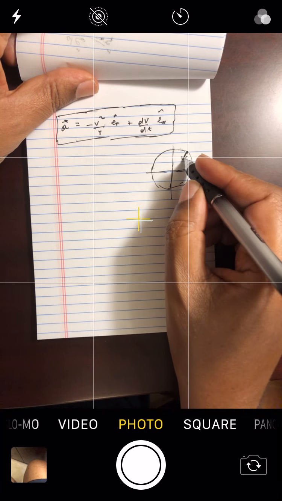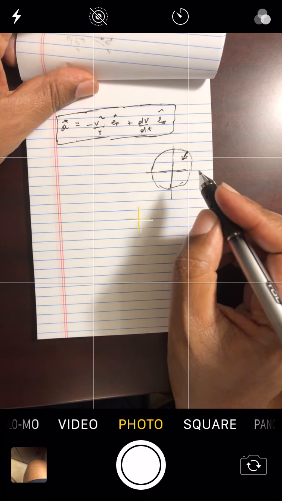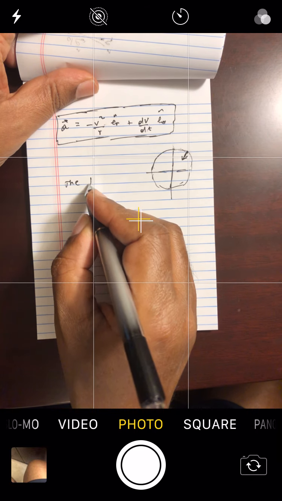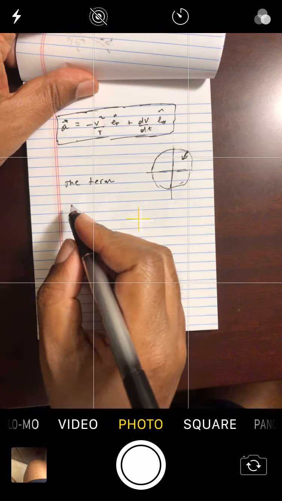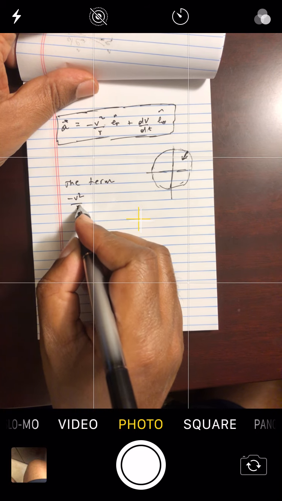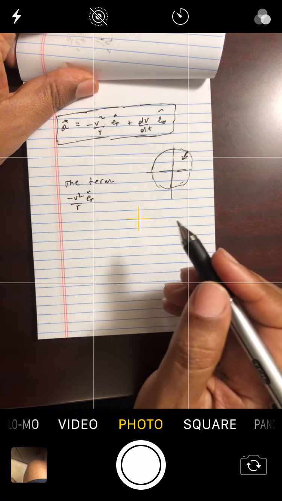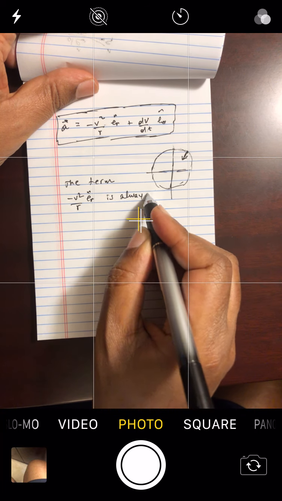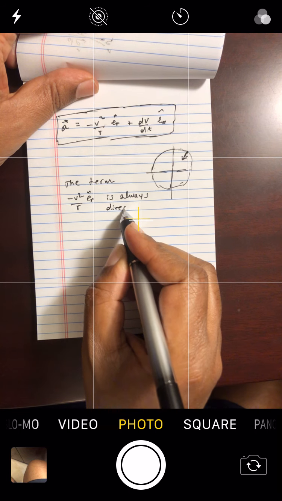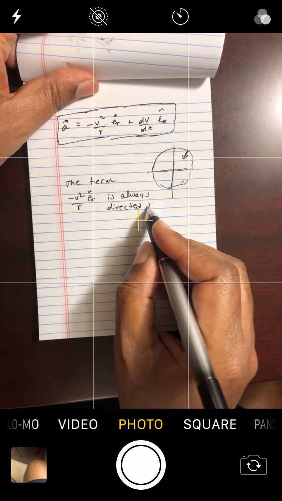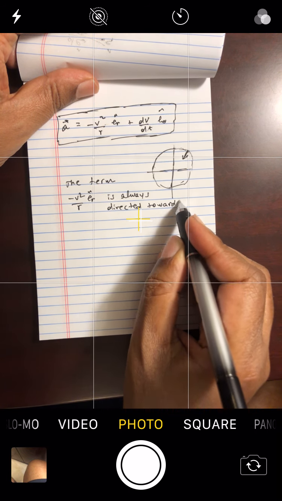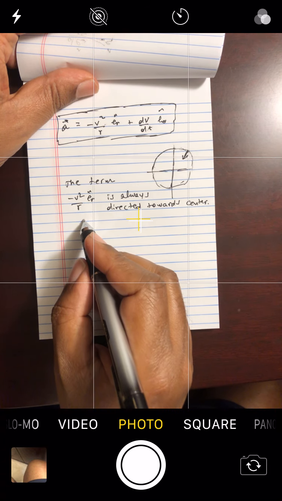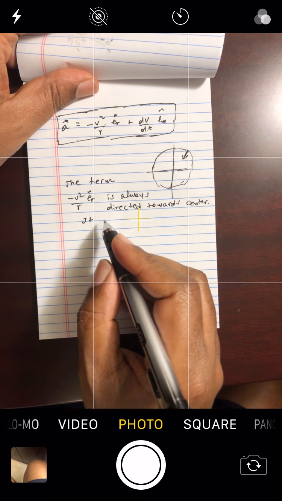So the term negative v squared over r er is always directed towards the center. It is acceleration due to change in direction.